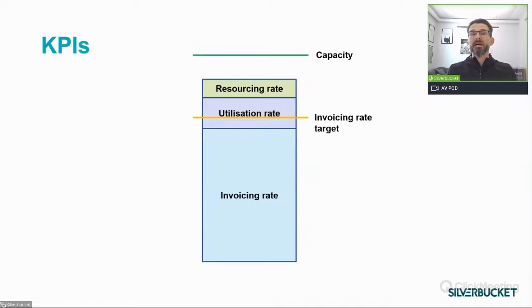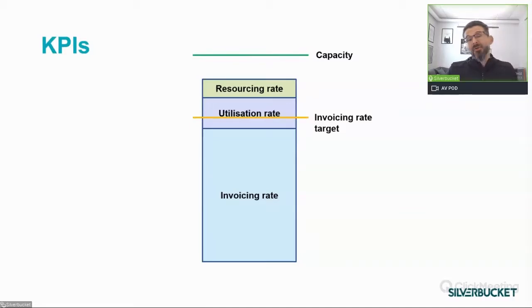This approach gives us an excellent understanding about all the allocations that have been assigned at individual level. The resourcing rate in an optimal situation should follow the capacity of the organization. Typically, the resourcing rate should be at least 90% or even 95%.